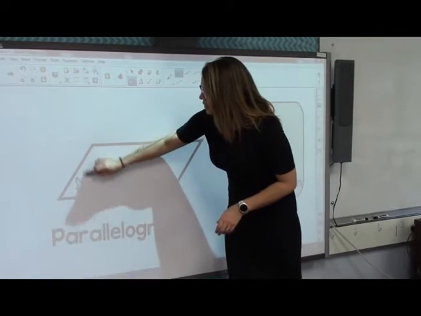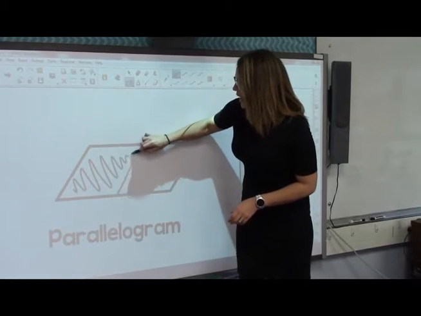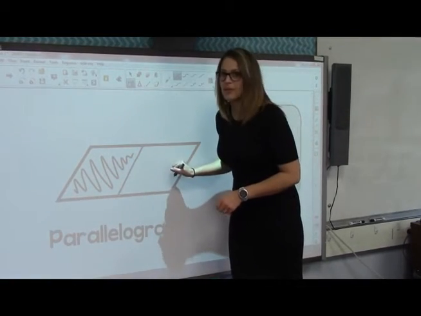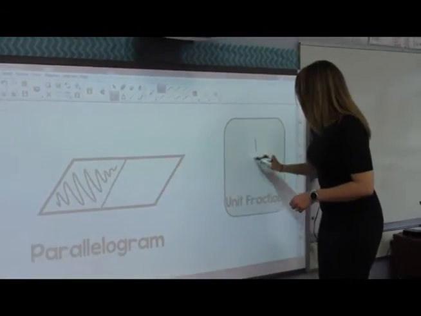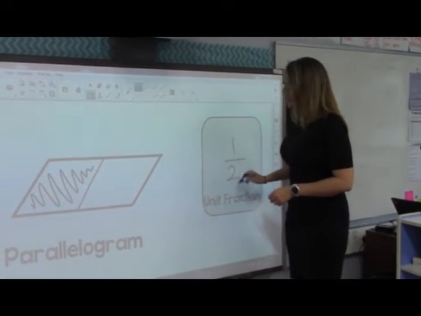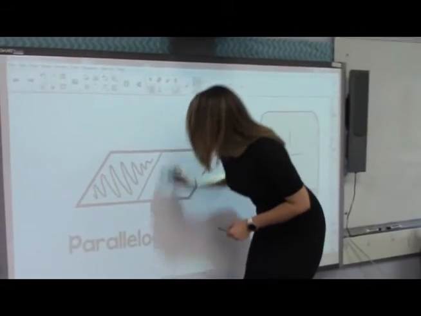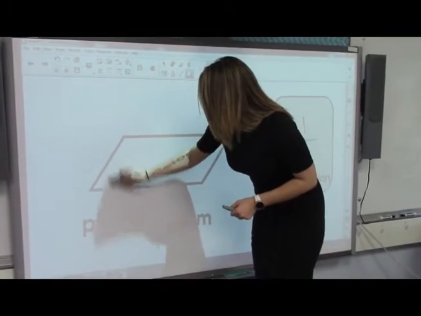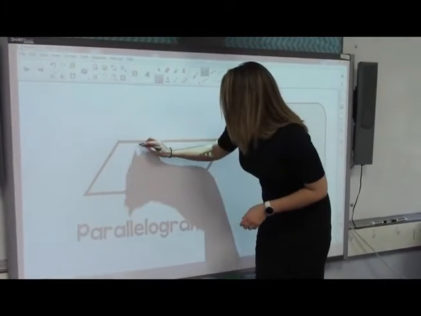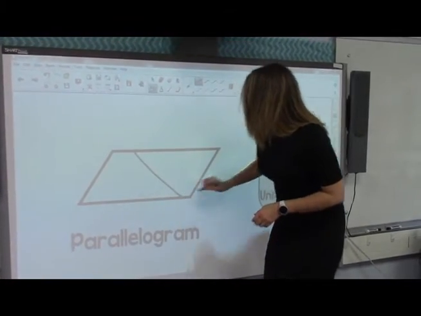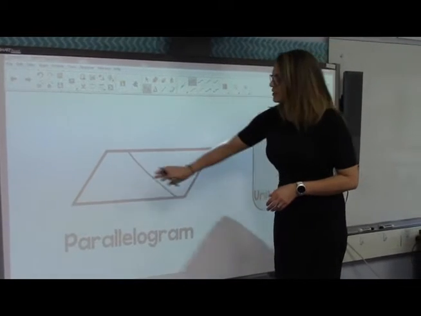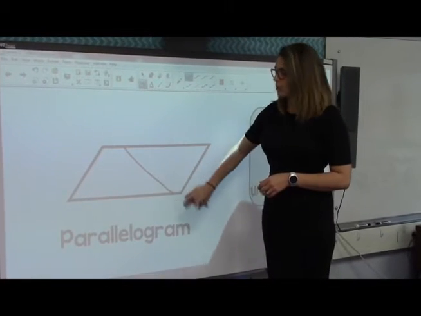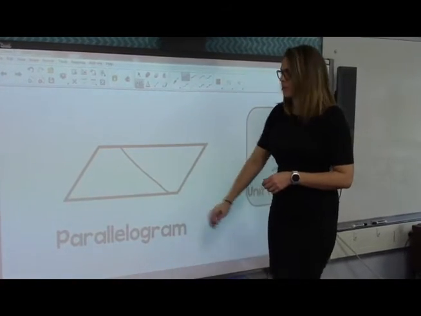You could partition this, and you would have 1/2 of a parallelogram, so 1 over 2. I want to show you something else though. This is not partitioned because they are not equal parts. So a parallelogram is really tricky to partition.